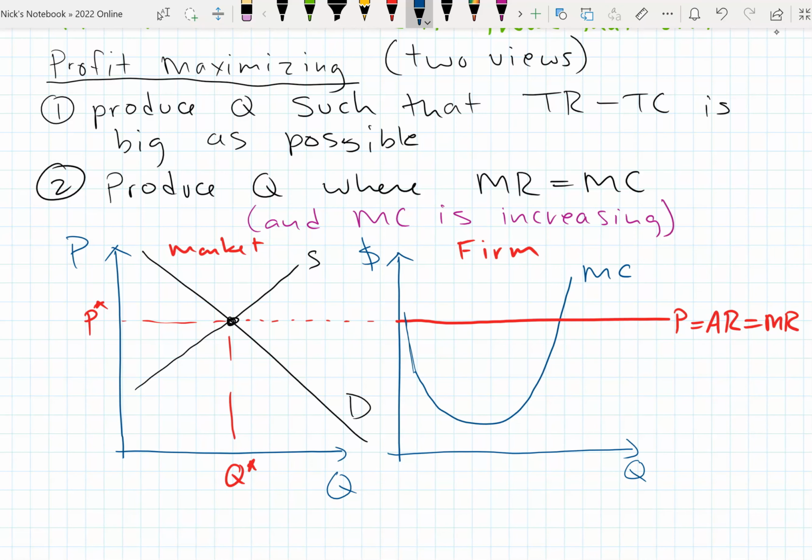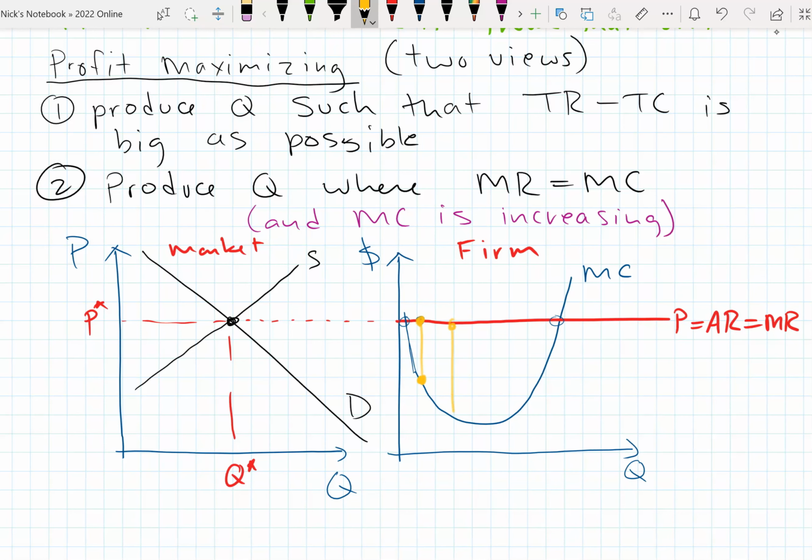If it crossed in two places because the marginal cost was U-shaped, we would pick the one on the right, not the one on the left. Let's see why. Suppose at this point we sell this unit, we get this much revenue and this much cost for that unit. So we make money.